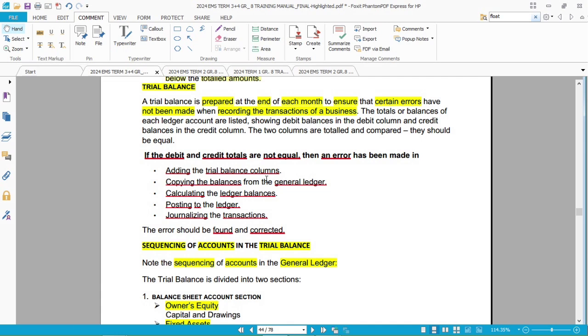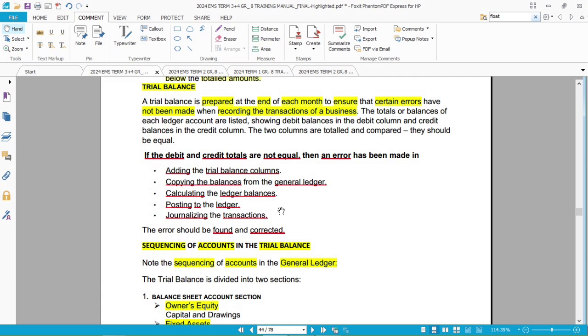The accountant might not have added the columns correctly. Copying balances from the general ledger: maybe you did not copy the balances correctly into your trial balance. Calculating the ledger balances, maybe the error happened there. Posting to the ledger, so from your subsidiary journals, cash receipts journal, cash payments journal, you have not posted correctly. That might have been the error.